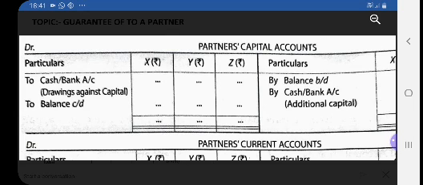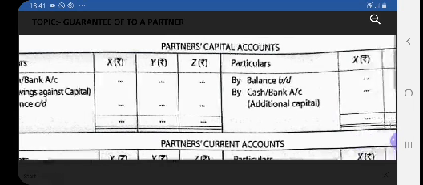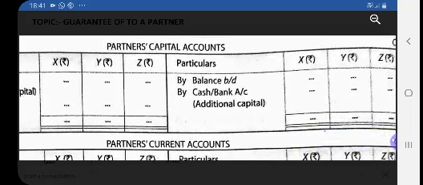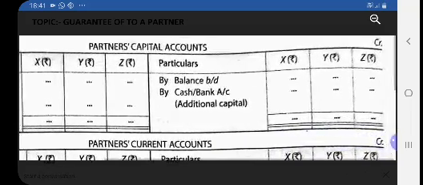If additional capital is introduced by any partner in the current accounting period, you just write either by cash or by bank on the credit side, in the partners' amount column X, Y, Z, whatever amount is introduced.